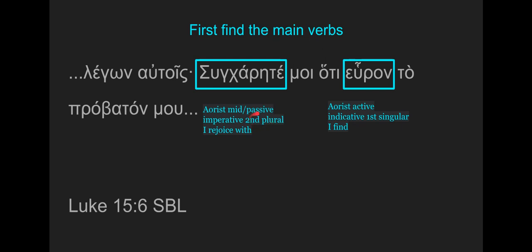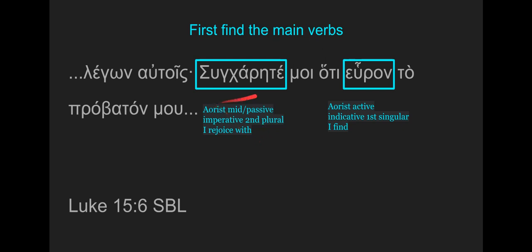So the first thing, second plural and first singular, these have to do with the subject who is doing the action. So first person singular would be I, first person plural would be we, second person singular is you, second person plural is you all, and third person would be he, she, it, or they.